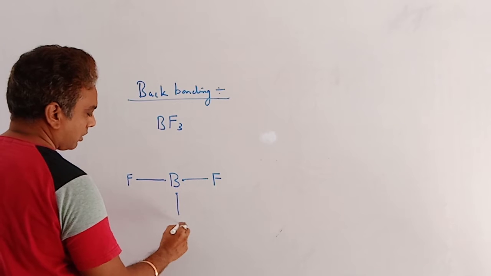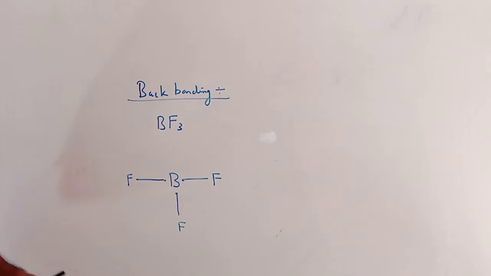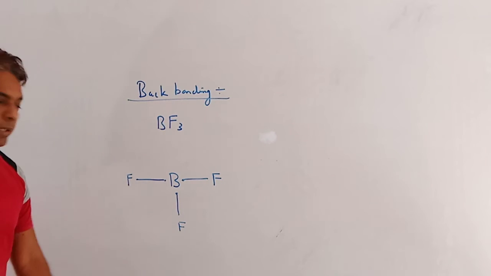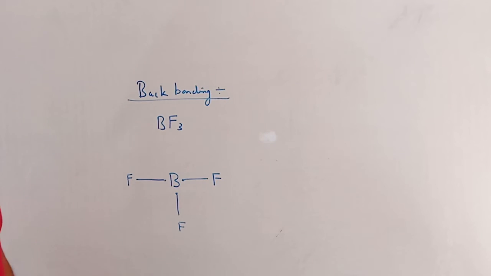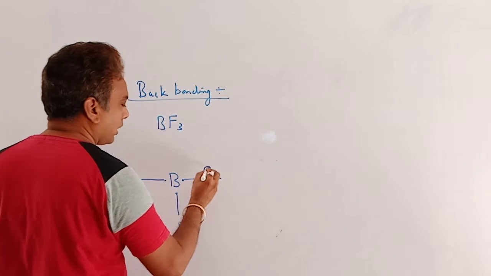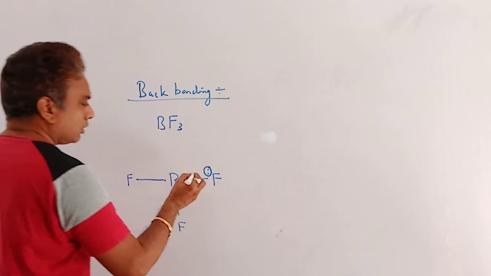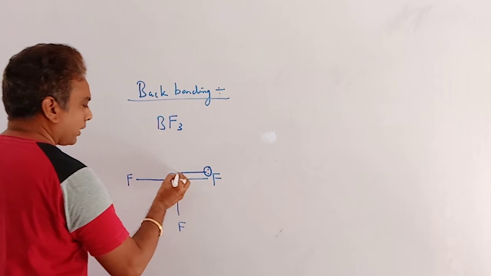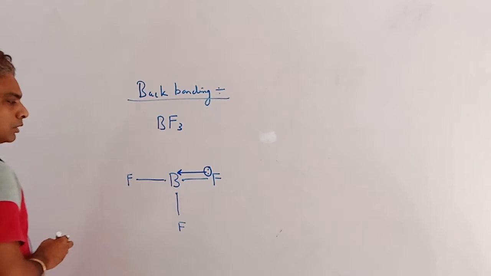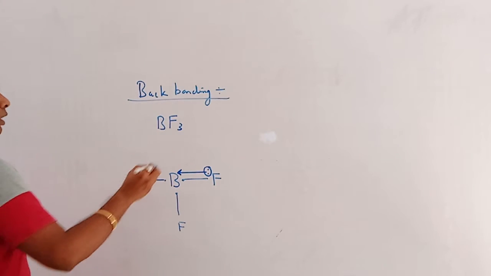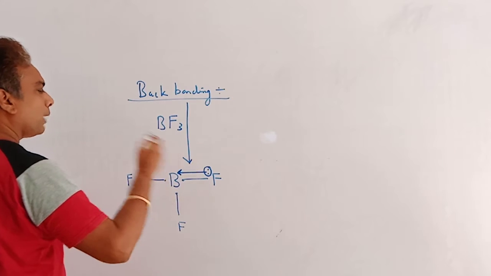Clear? So after sharing with fluorine, the octet of boron is not completed. 1 electron pair is required to complete its octet. The terminal atom fluorine contains 3 lone pairs in each fluorine. So the terminal atom donates an electron pair to the vacant orbital of boron. Such a bond is known as back bond.